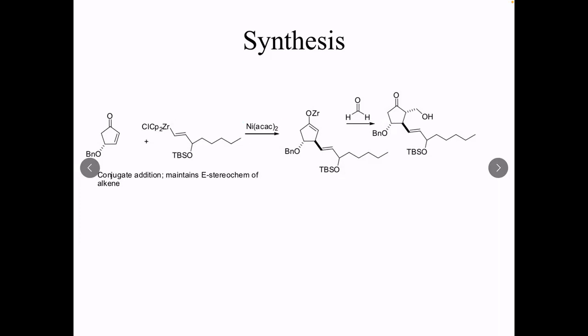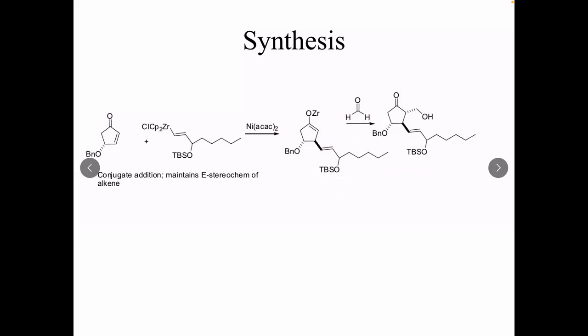All right, so once you get that, you can see the trapped enol. In this case, it's a zirconium enol that you add formaldehyde to, right? And that is going to give you an aldol product, which is right here. And the stereochemistry is controlled by this group right here.